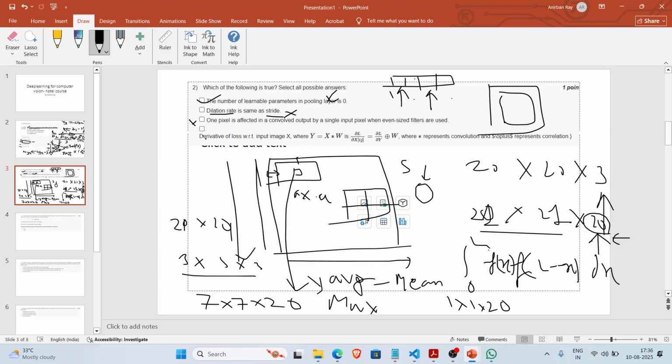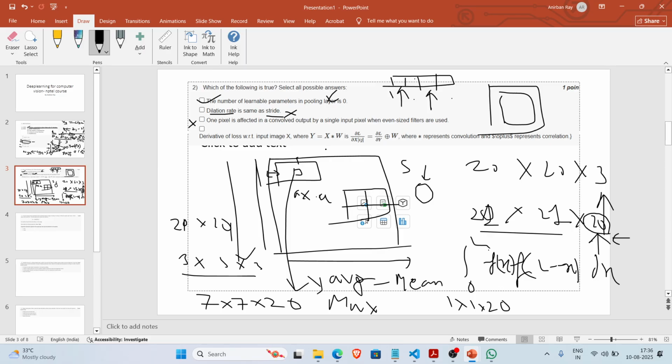Not one pixel is affected, every pixel is affected, because it has no exact center. Suppose in the 3 cross 3 case, the center pixel will be affected, but in this case all of the pixels will be affected.